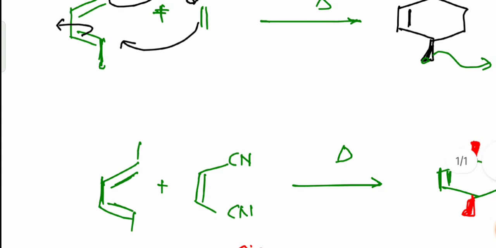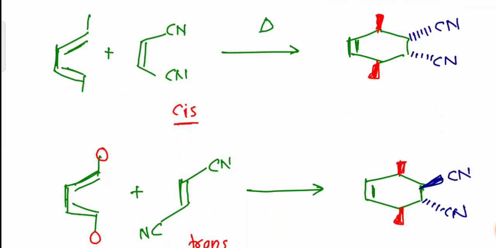So look at this example now. Why is this Diels-Alder reaction called a stereospecific reaction? If we react with a cis dienophile or a trans dienophile, they maintain the stereochemistry along with the cis principle. What is the cis principle? The substituents present on the diene maintain the cis relationship.